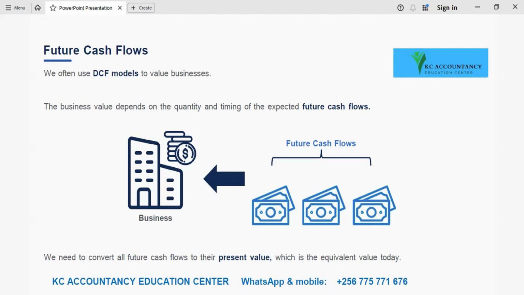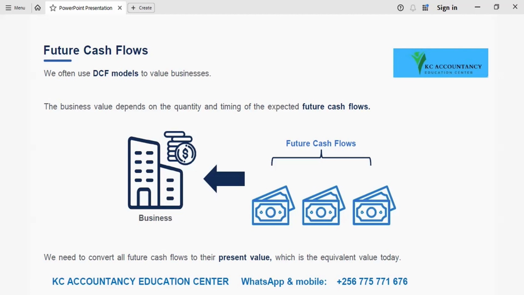In fact, the business value itself depends on the quantity and the timing of the expected future cash flows. In other words, the value of any business lies in the future cash flows they anticipate to receive, taking into consideration the timing of those cash flows.